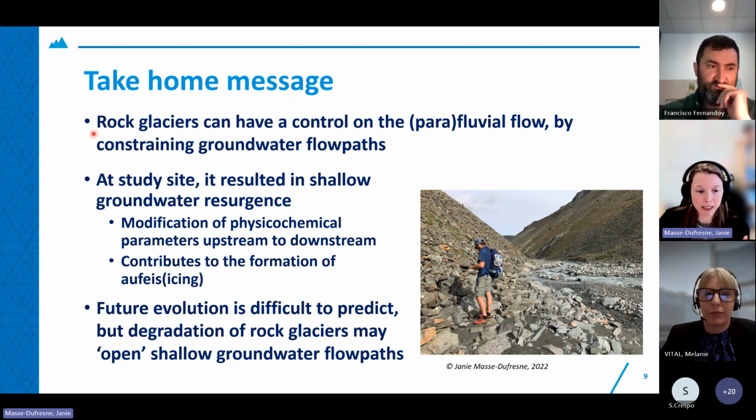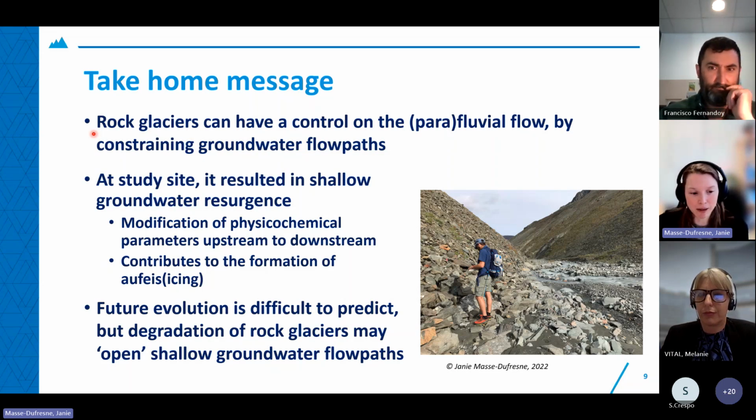And of course, we are interested in international collaboration to see if this valley, or our example of rock glacier and stream interaction, is really unique, or is something that we should assess or investigate as a more distributed process elsewhere in different catchment areas.